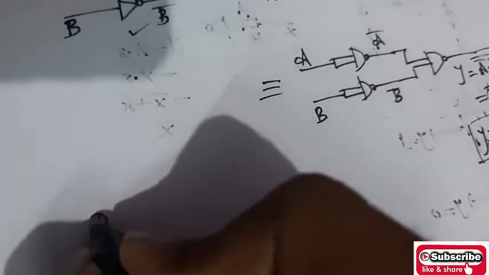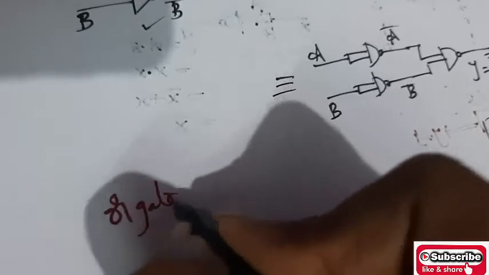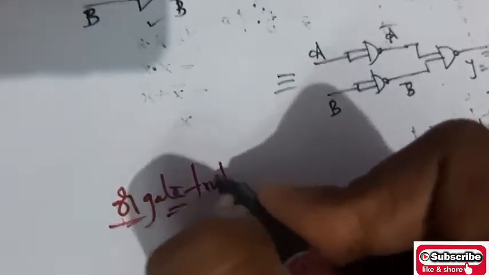Now see the truth table for OR gate. Truth table for OR gate.